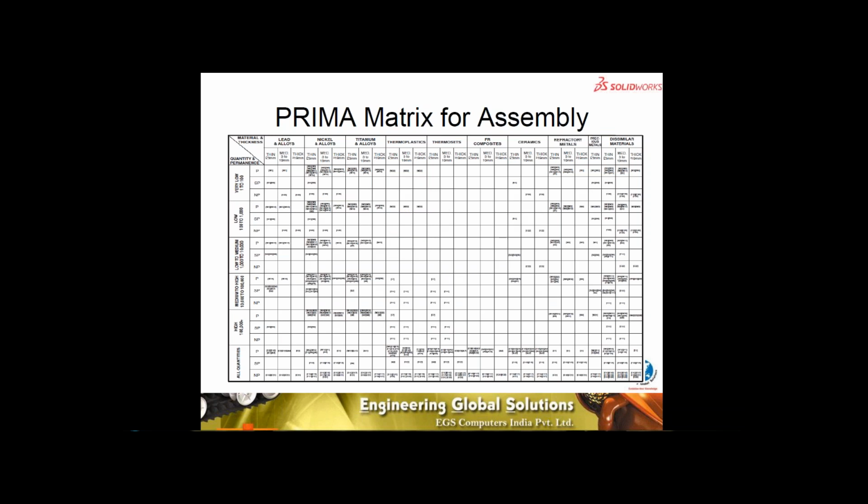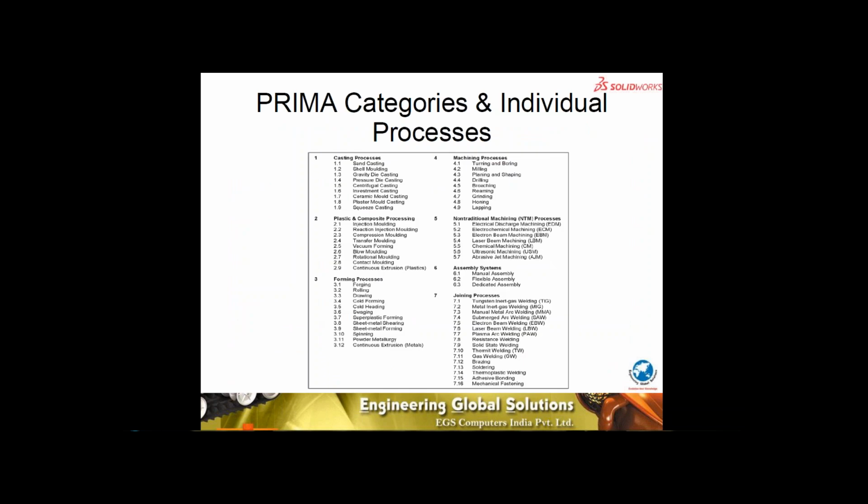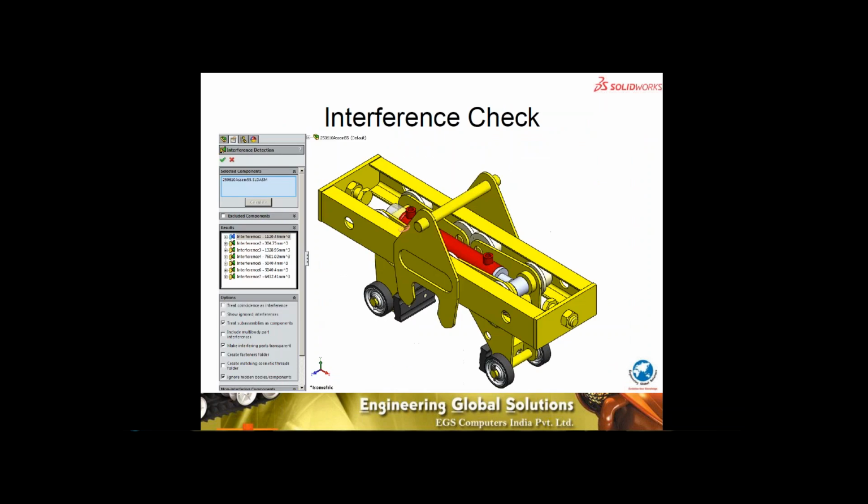As you can see over here, the list extends to the different kinds of metallic and non-metallic components, including lead, composites, ceramics, plastics, and things like that. The PRIMA categories and the individual processes are given over here, which form a part of the matrix.